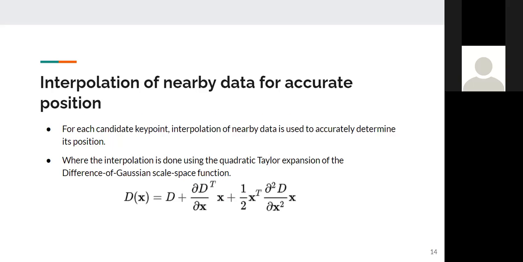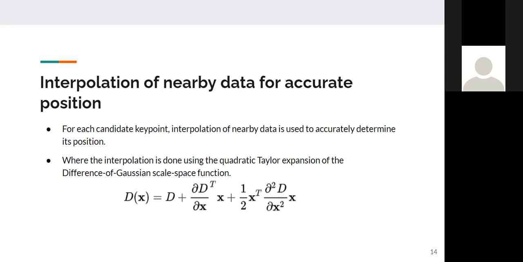The interpolation of nearby data for accurate position. This is the first step. So for each candidate key point, interpolation of nearby data is used to accurately determine its position, where the interpolation is done using the quadratic Taylor expansion of the difference of Gaussian scale space function, which can be shown in the equation below. Now, where D and its derivative are evaluated at the candidate key point, and x is the offset from this point.